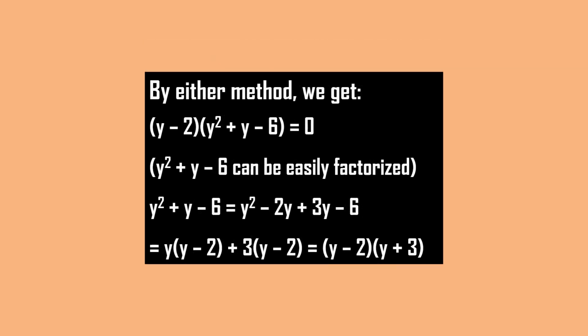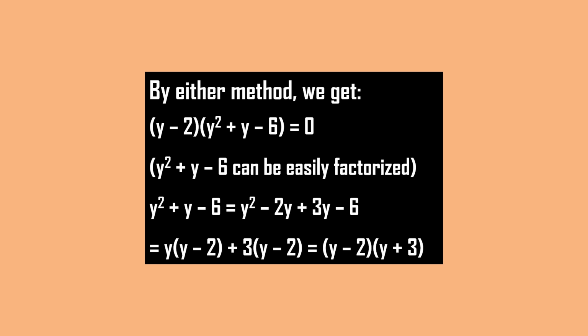No matter what method you apply, you are getting the expression equal to y minus 2 into y square plus y minus 6. By both the methods, you will get the same result. Now, y square plus y minus 6 can be factorized using the breaking the middle term method.